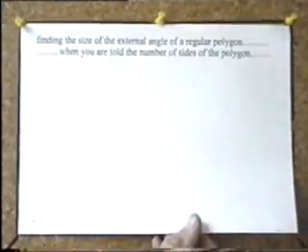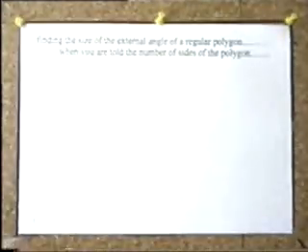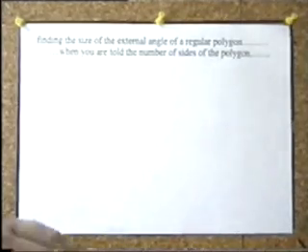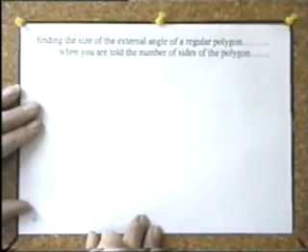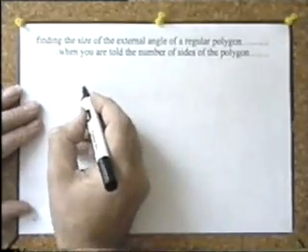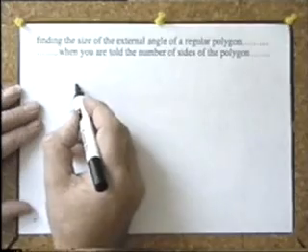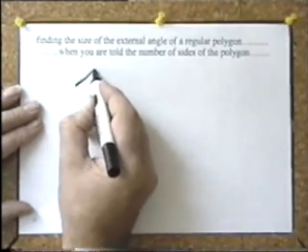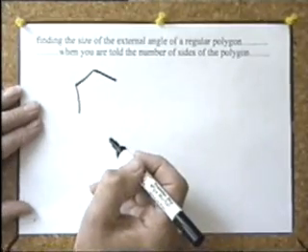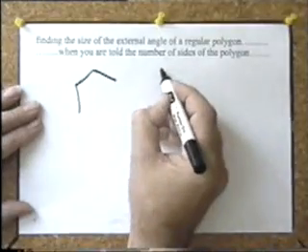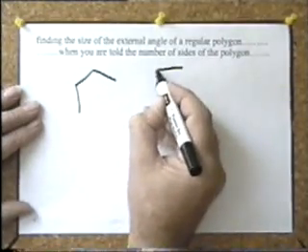Let's look at finding the size of the external angle of a regular polygon when you're told the number of sides. So let's suppose you've got an 8-sided polygon, an octagon. If you're told it's a regular polygon, then all the sides are the same length.